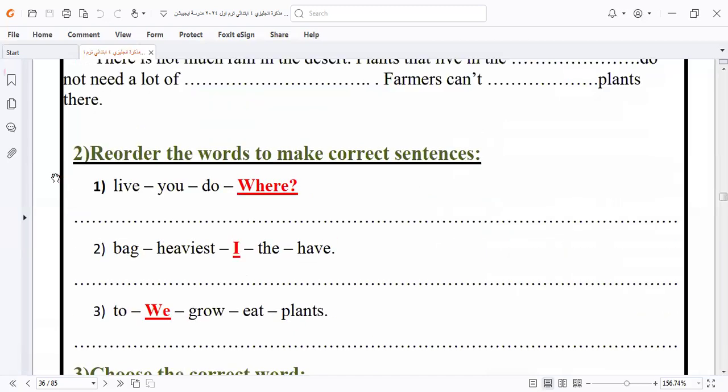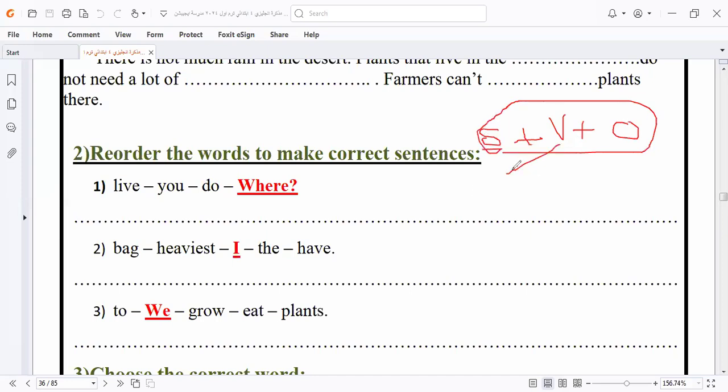Here we have rearrange. As we told before, we have the rule here: subject plus verb plus object. I explained to you that this rule is for the statement form. If we do it in the question form, what can I do? I put the verb in place of the subject.